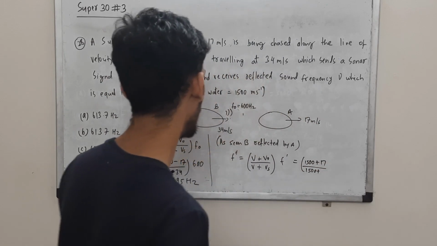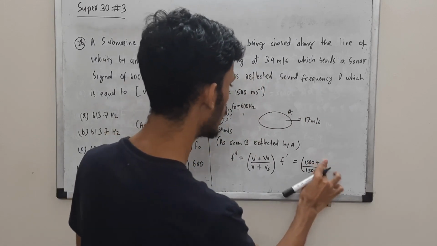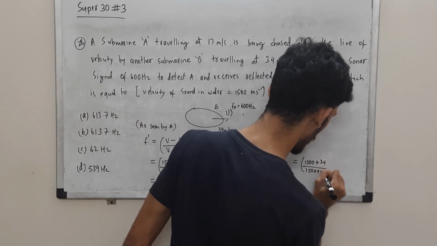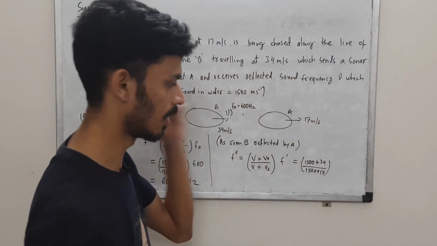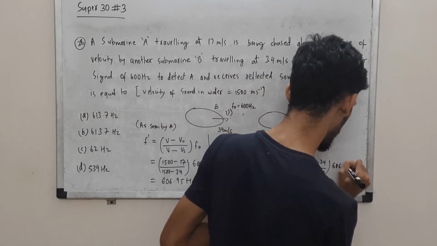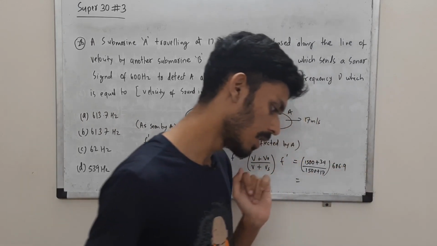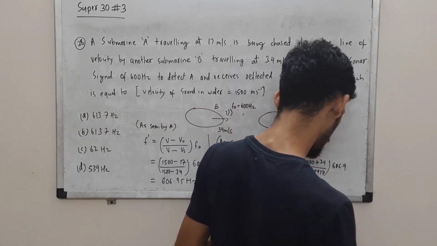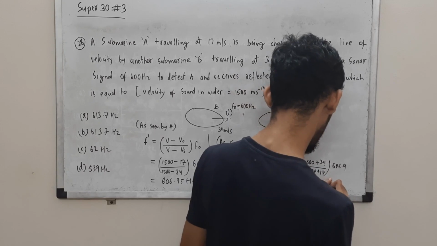Observer is this one, and source is this one, 70, in the second case. f dash is 606.9, so that will give us about 613.7, which is option A.